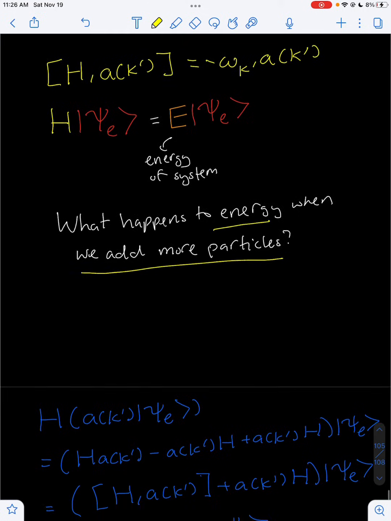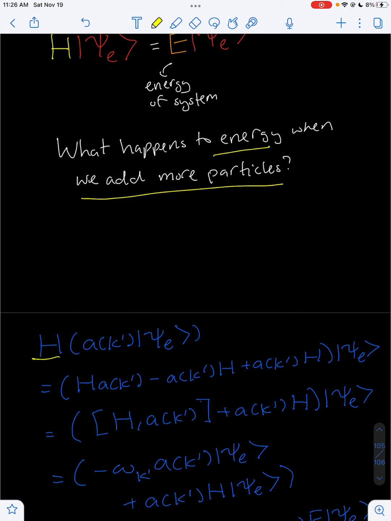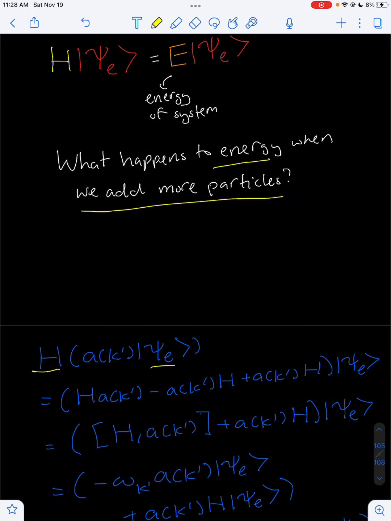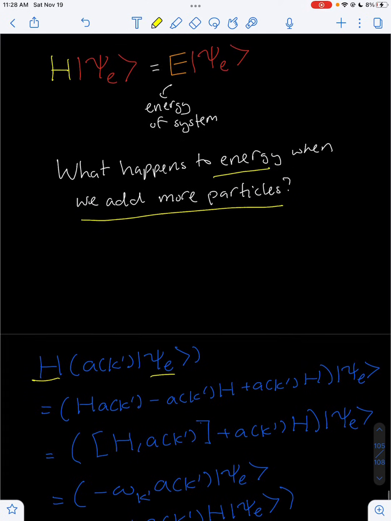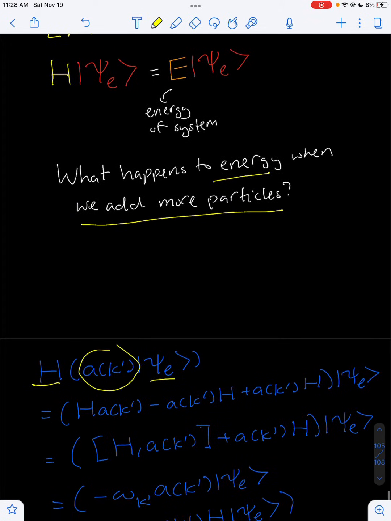So to find out the answer, we can just multiply our Hamiltonian by the creation operator acting on some energy eigenstate, but actually we are instead going to use the annihilation operator for now.